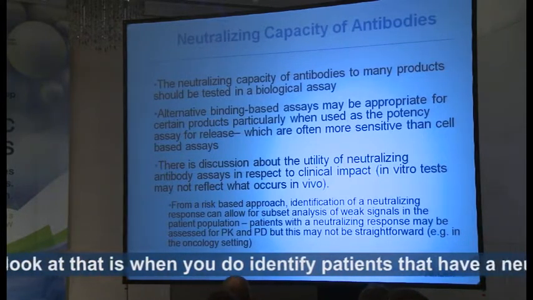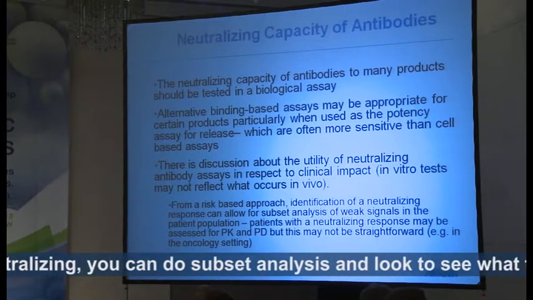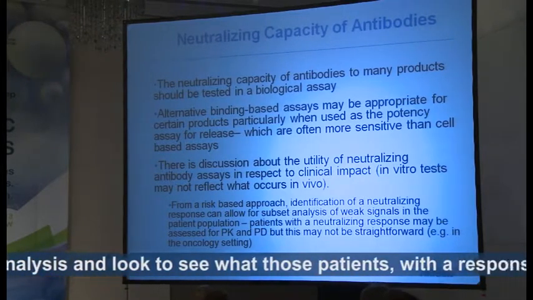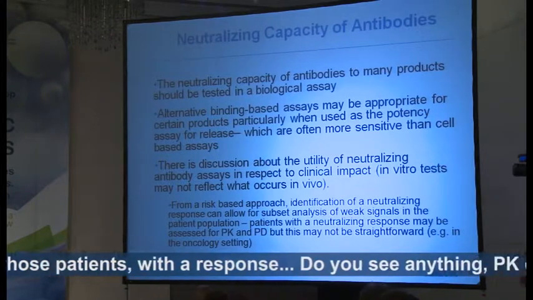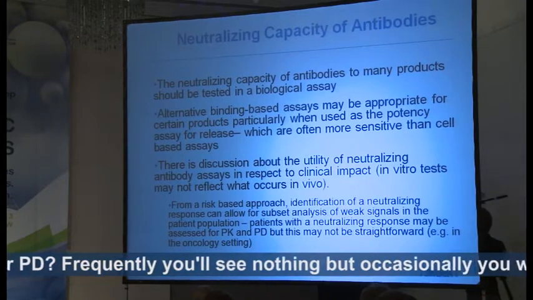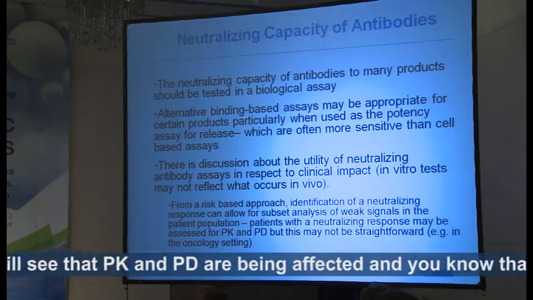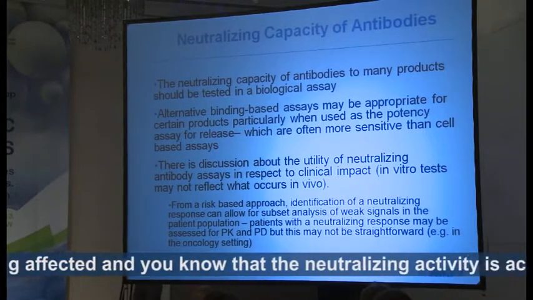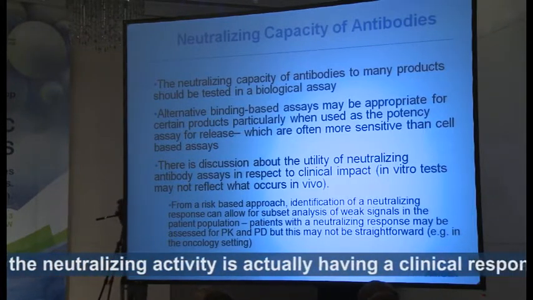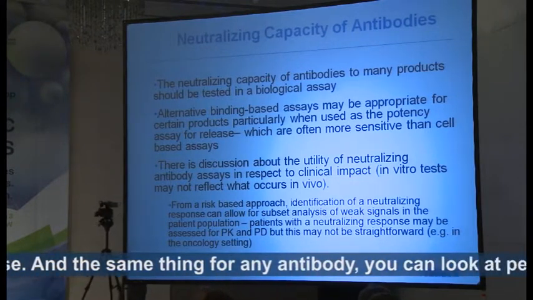But when you do identify patients that have a neutralizing response, you can do subset analysis and look to see if you see anything for PK or PD. Frequently, you'll see nothing, but occasionally you will see that PK and PD are being affected, and you know the neutralizing activity is actually having a clinical response.